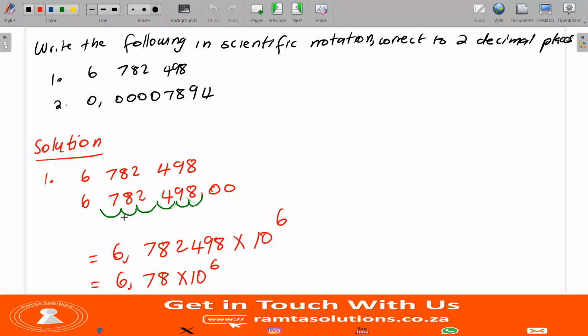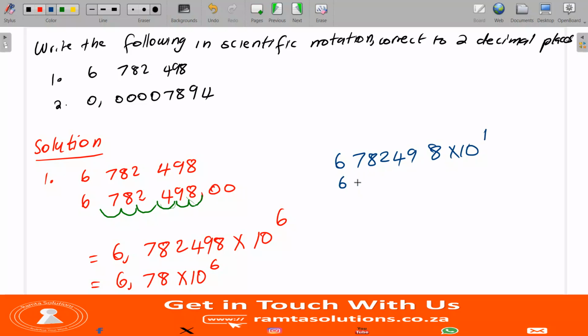If you were not restricted to 2 decimal places, you would still call this, I'm going to change the color. You can still say this is, for example, when you move one place, it'll be 6, 7, 8, 2, 4, 9, 8 times 10 to the 1.